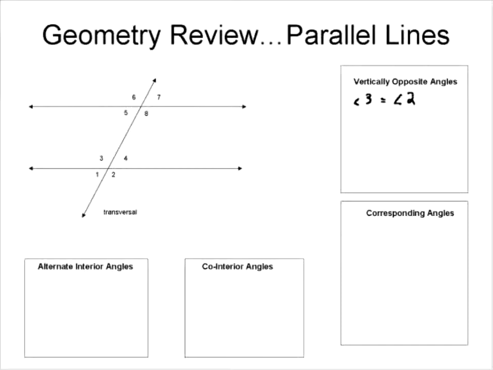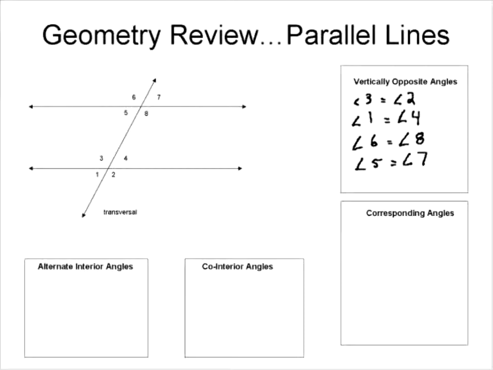We know that that's true. What other vertically opposite angles do we have? Angle 1 is vertically opposite, so that means it's equal to angle 4. We also have vertically opposite angles at the top there. Angle 6 has to be equal to angle 8, and angle 5 has to equal angle 7.